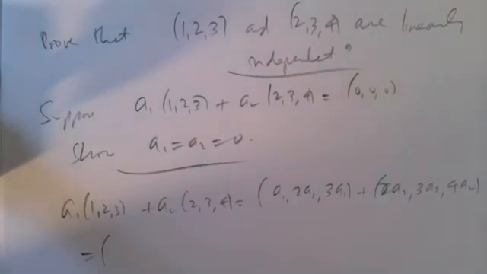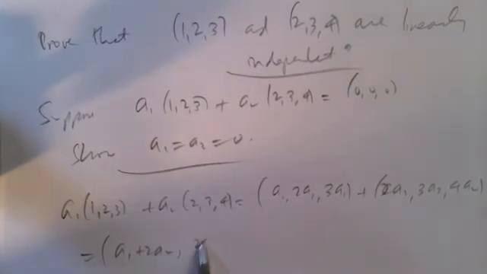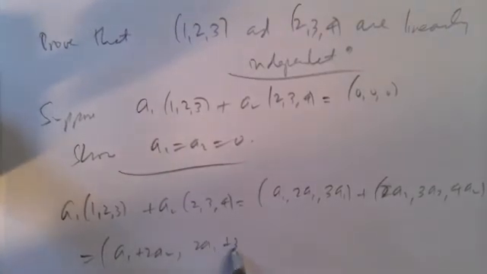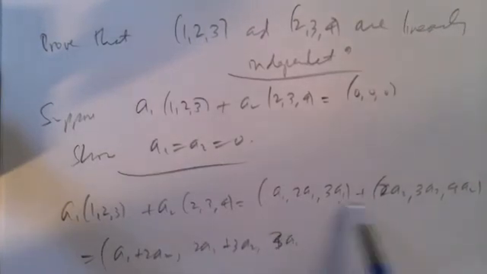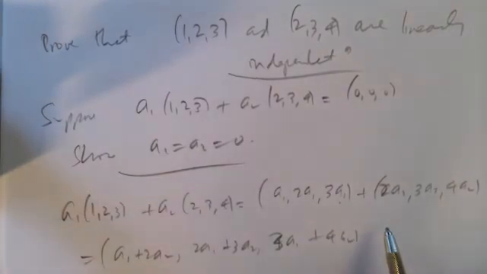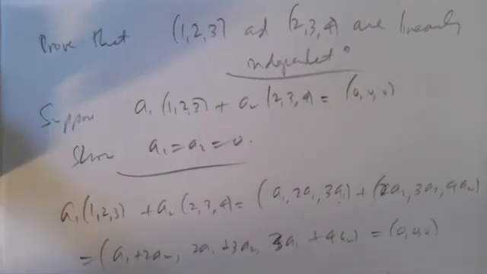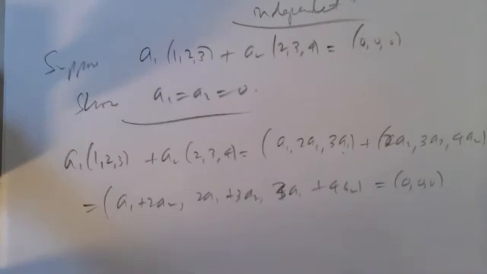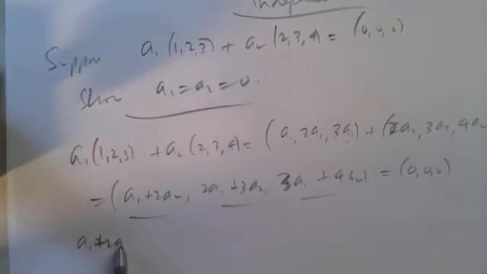This is equal to (a1 + 2a2, 2a1 + 3a2, 3a1 + 4a2). And we want to know for what values of a1 and a2 does this give the zero vector. So each of these coordinates has to be 0. a1 plus 2a2 is 0.